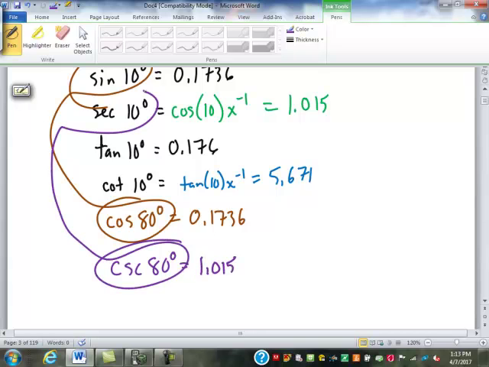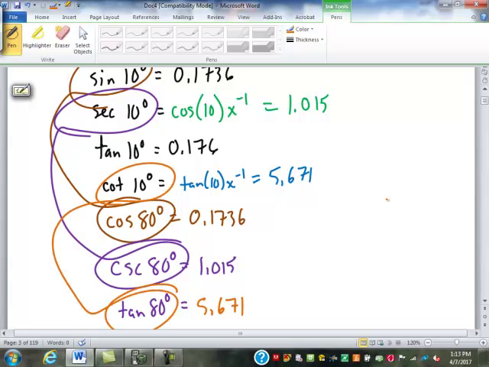Cosecant of 80 has to equal the secant of 10. Tangent of 80 degrees? Tangent has to equal the cotangent. If I'd asked you for the cotangent of 80, you'd have been right. But I asked for the tangent. It has to go through the cotangent.